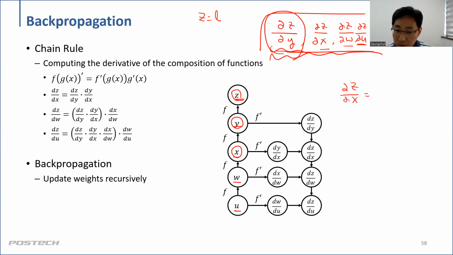In order to compute this, we know that z is f of y, and we know that y is f of x. Why is that? Because it's a multi-layer perceptron. It's compositional functions, and then we can apply chain rules. So what kind of chain rules like that?